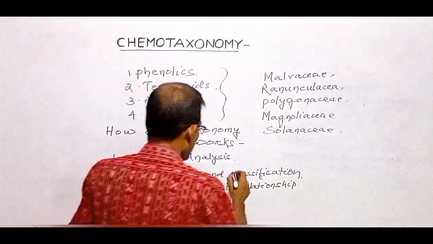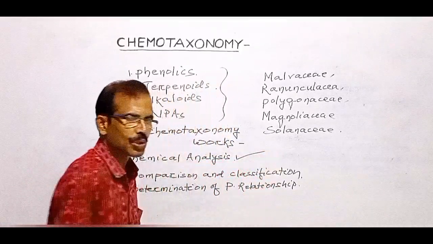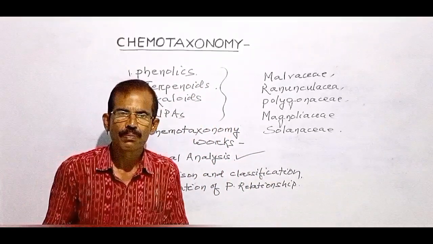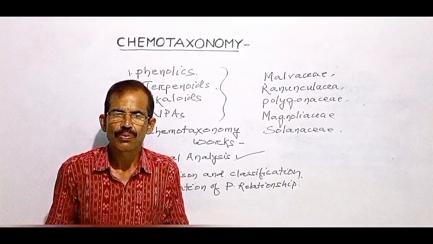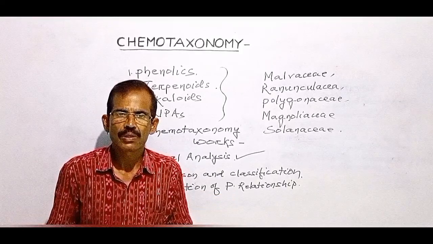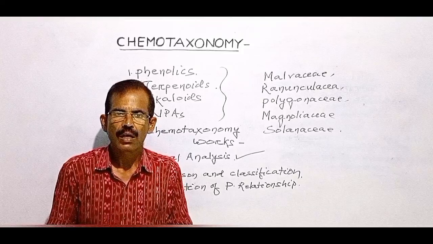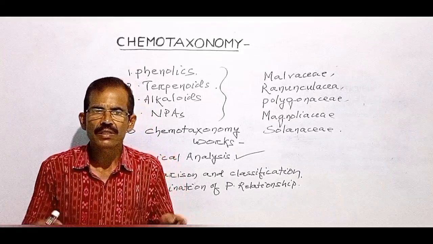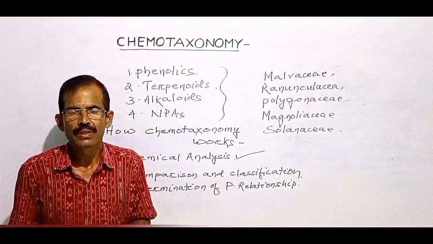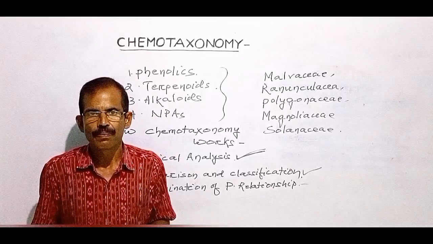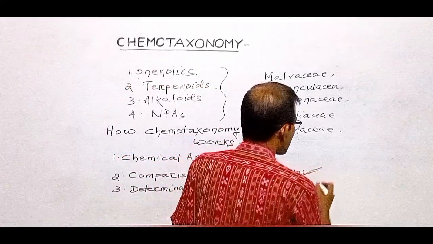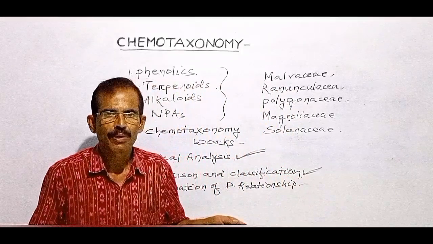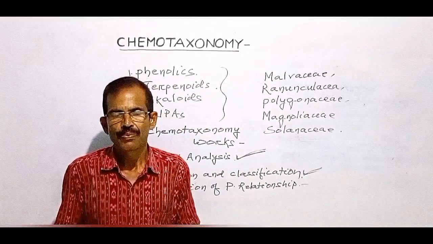In first step, the chemical composition of an organism is analyzed, identifying the presence of various compounds like flavonoids, alkaloids, fatty acids and terpenoids. In second step, the presence or absence of these compounds and their pattern is compared among different organisms.